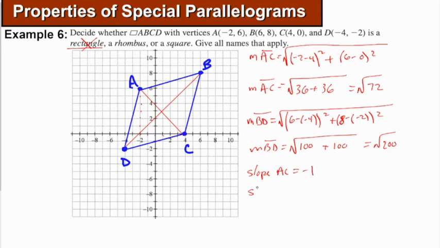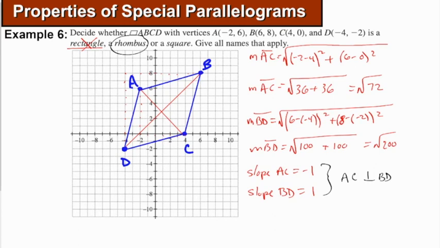And we can look at the slope of BD, and we can count from here 1, 2, 3, 4, 5, 6, 7, 8, 9, 10, and over 1, 2, 3, 4, 5, 6, 7, 8, 9, 10. 10 over 10 is +1. Because they are negative reciprocals of each other, they are perpendicular. AC is perpendicular to BD, and that would make it a rhombus.